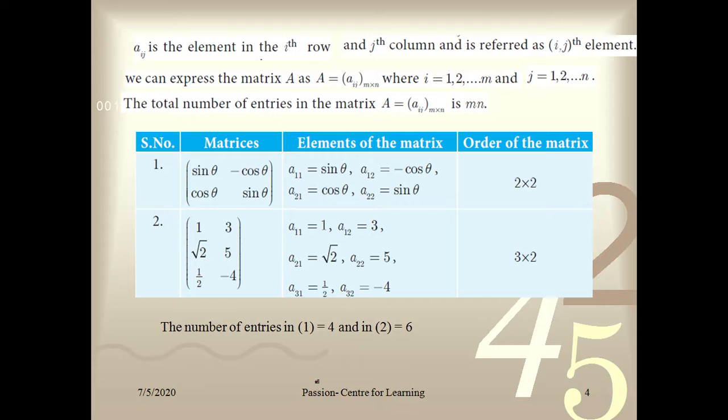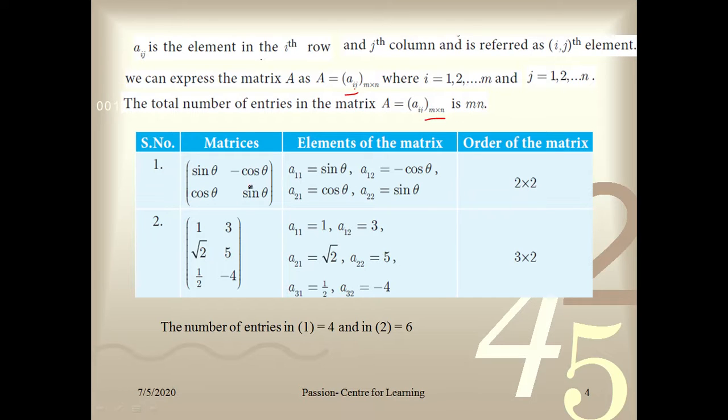So aij is the ith row, jth column. Normally we write it as aij of m cross n, where i refers to 1 to m and j refers to 1 to n. Total number of entries in the matrix aij of m cross n is mn.